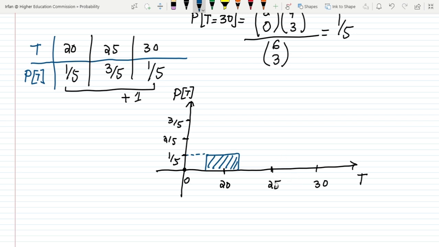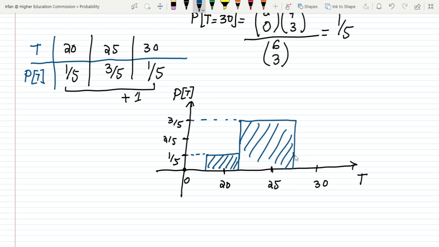This will be for it, and this is for t equal to 20, this is 1 by 5. Similarly for 25, here we have 3 by 5. So let me start it from here and move here, and it will be like this one. This is the 3 by 5, the histogram for t equal to 25. Similarly, for 30, I have here this one, and this is 1 by 5.